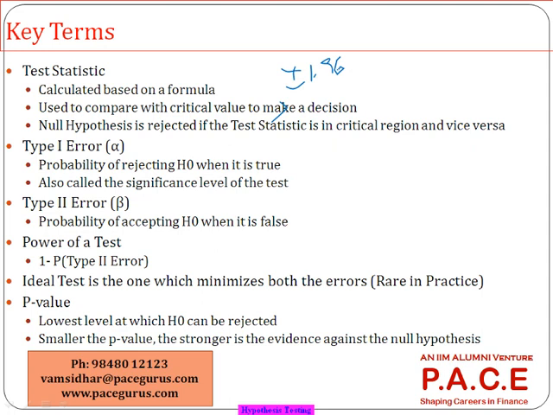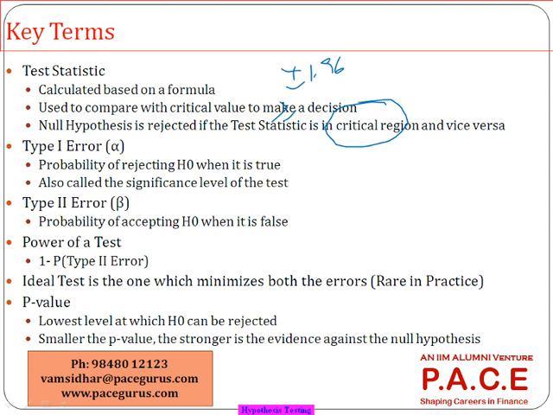The simple logic is, if the test statistic is in the critical region, a word typically used for the rejection region, which means it does not lie between plus or minus 1.96.